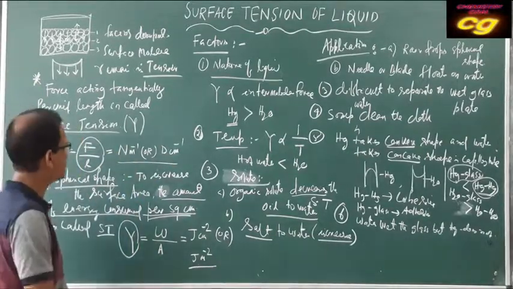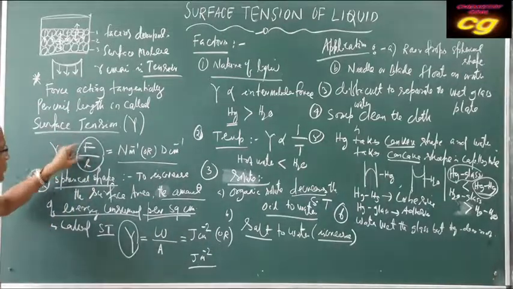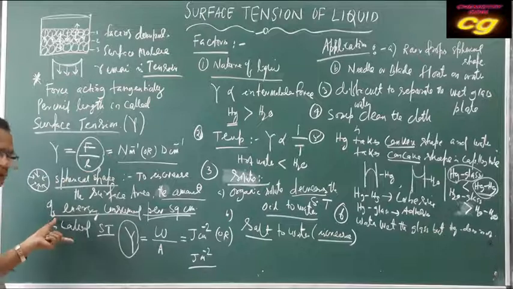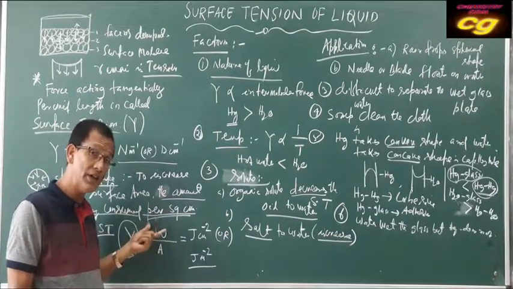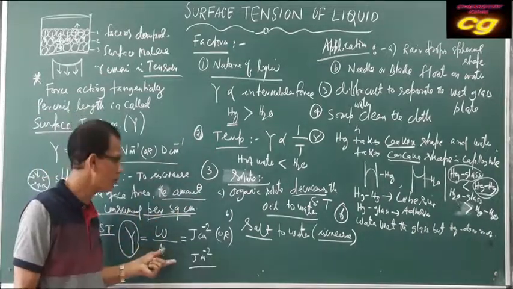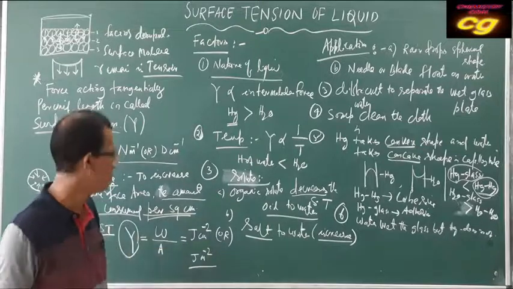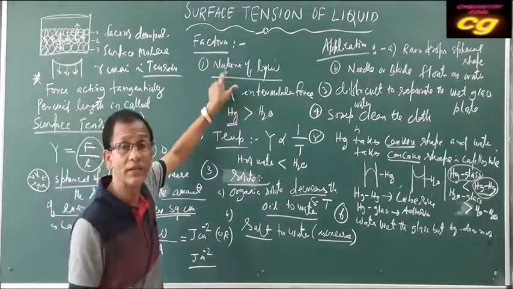And what are the expressions of surface tension? Surface tension can be expressed as force per unit length. It can also be expressed as the amount of energy needed to increase surface area, per square centimeter or per square meter. That is also called surface tension. This is the unit. And what are the factors affecting surface tension?